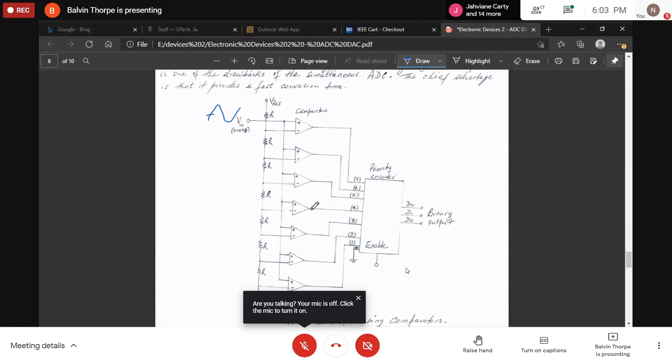But when it checks this one, it sees that the voltage that is outputted from this comparator, when the two signals, the reference signal and the input signal, are compared, that input signal is greater than the reference signal. So it outputs a positive value here, right? Then when it outputs a positive value here, when that is checked, based on the enable, it's going to say, okay, we saw a value that is greater than 4, but of course it's less than 5.